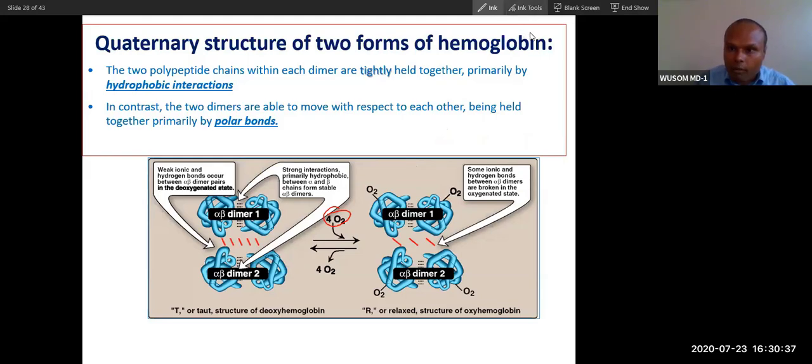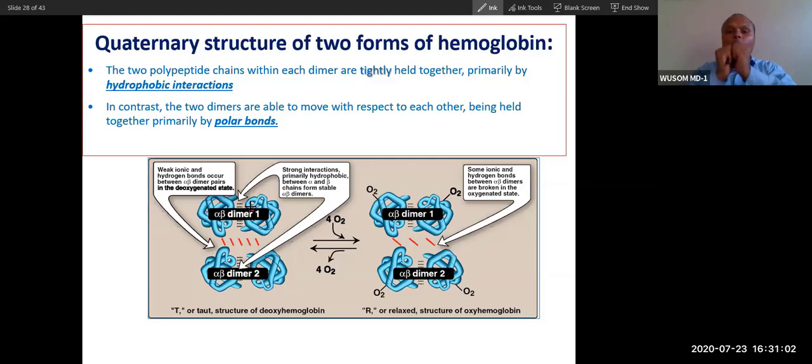Now in this hemoglobin you can see two alpha and two beta chains. This is alpha beta. They are attached to each other strongly by hydrophobic interaction. You know hydrophobic interaction, we have done in lipids. Those amino acids which are insoluble in water come together and bind this alpha beta dimer.